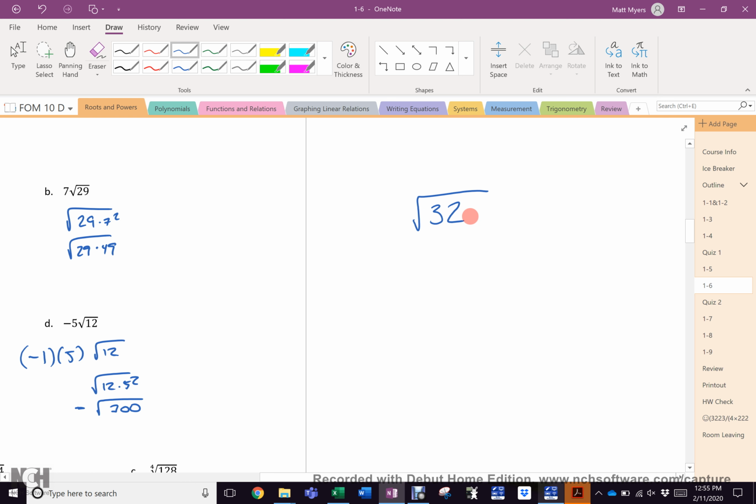We've already done that. It's 16 times 2, so it's 4 root 2. Everyone's good. I really don't want you writing stuff down right now. I want you thinking.